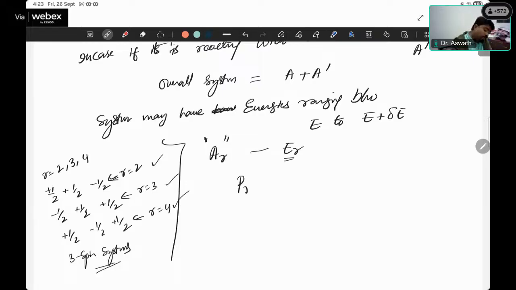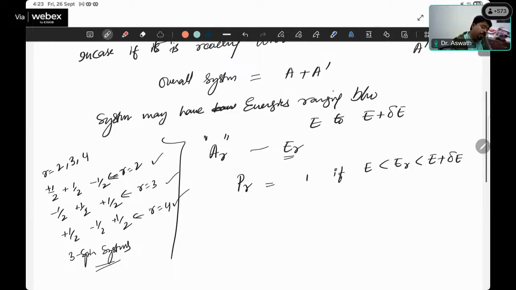So the probability of existing in a particular R form is 1 if the energy of the system lies between E_R and E_R plus some delta E. If the energy goes to anything other than that E_R value, these three cases would not exist.